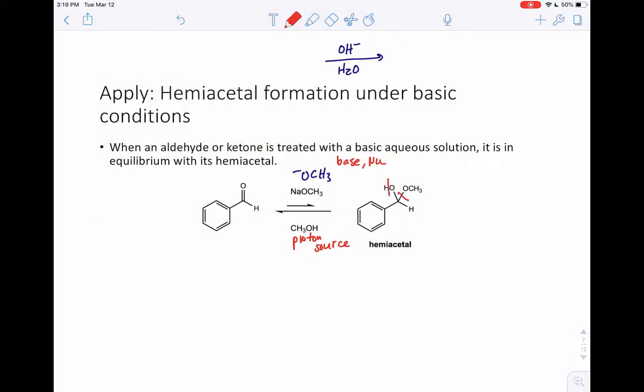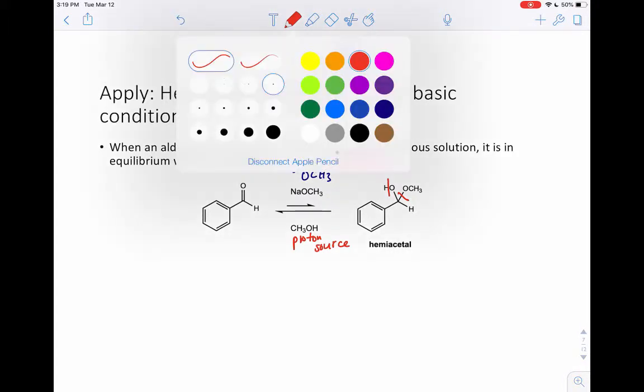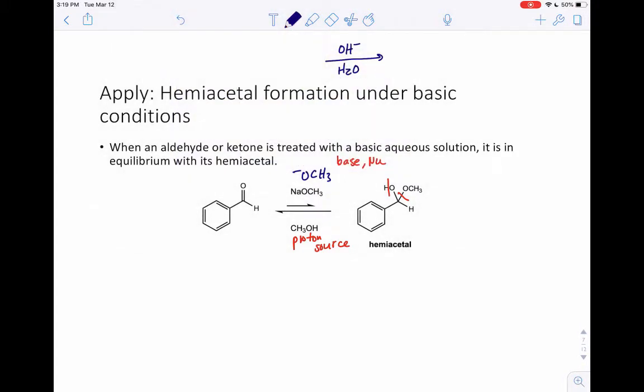Look at the product. We've made 2 bonds. Okay, so let's go ahead and make the carbon-oxygen bond first. Methoxide is going to donate its non-bonding electrons on oxygen to pi star CO of the carbonyl, and that's a nucleophilic addition step.